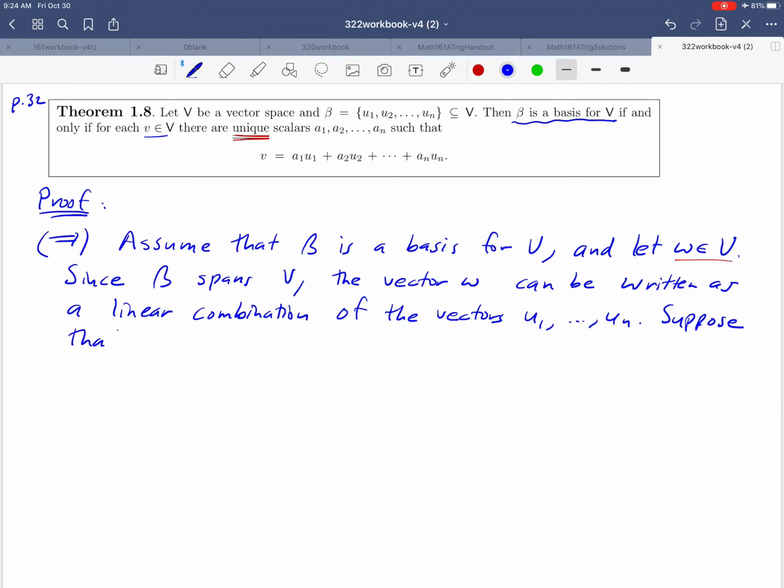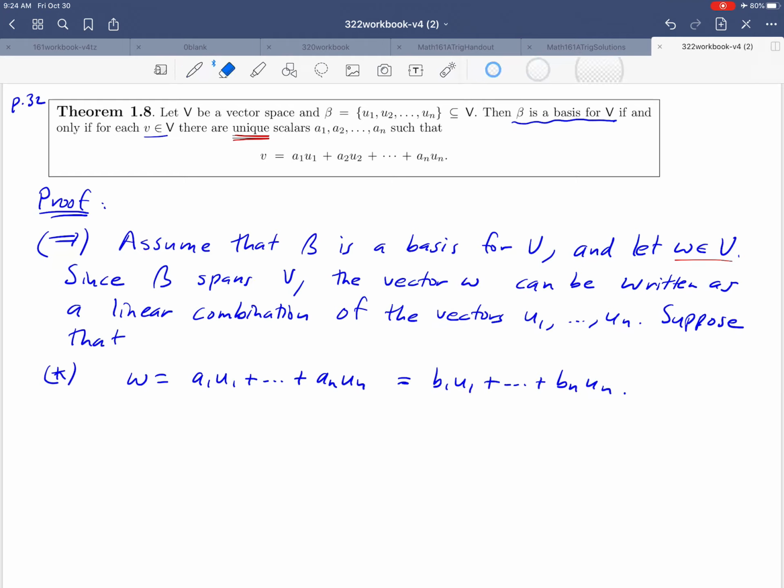Let's suppose that w has been written first as a linear combination of this form, a1 u1 through an un, and that there's also a second representation running around out there, b1 u1 up through bn un. I'm going to give this equation a name, star, because we're going to come back to it.